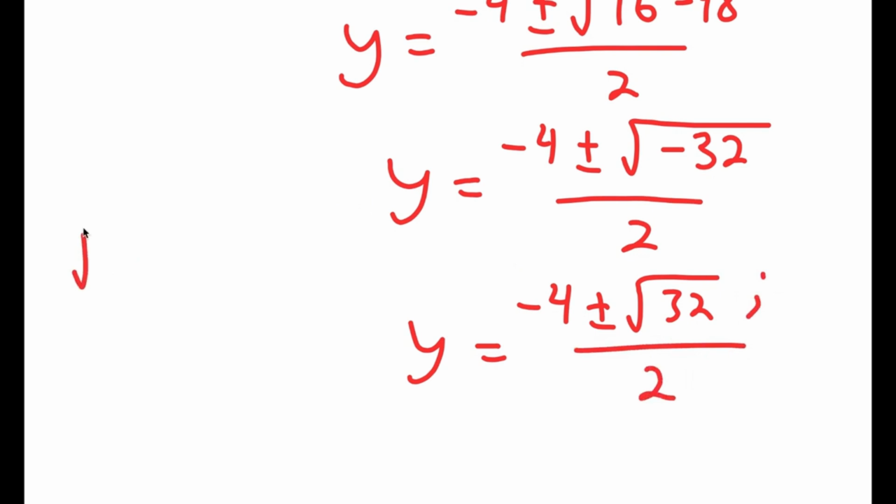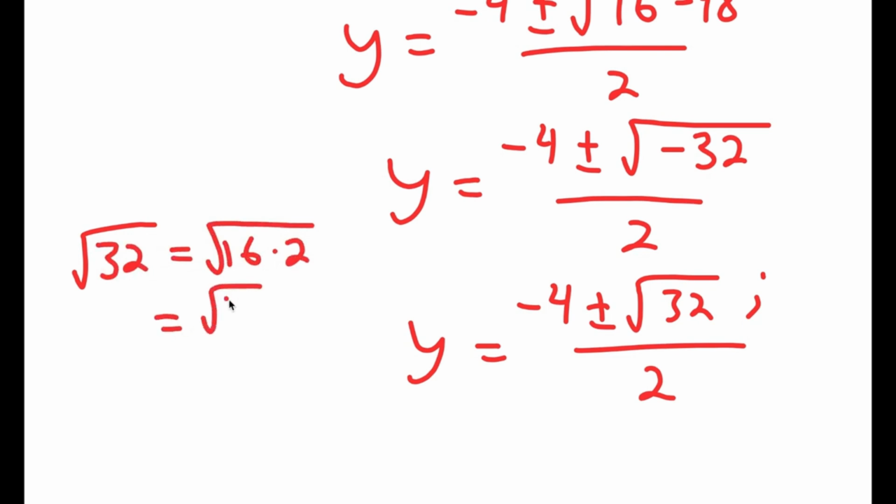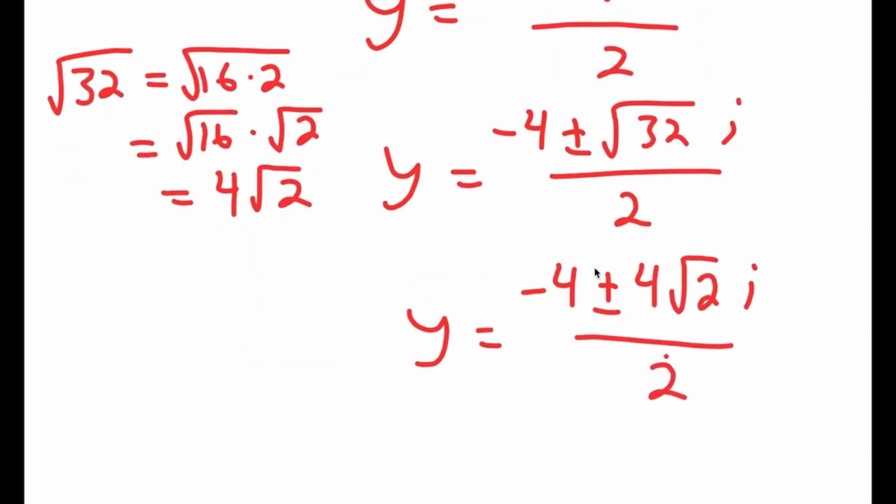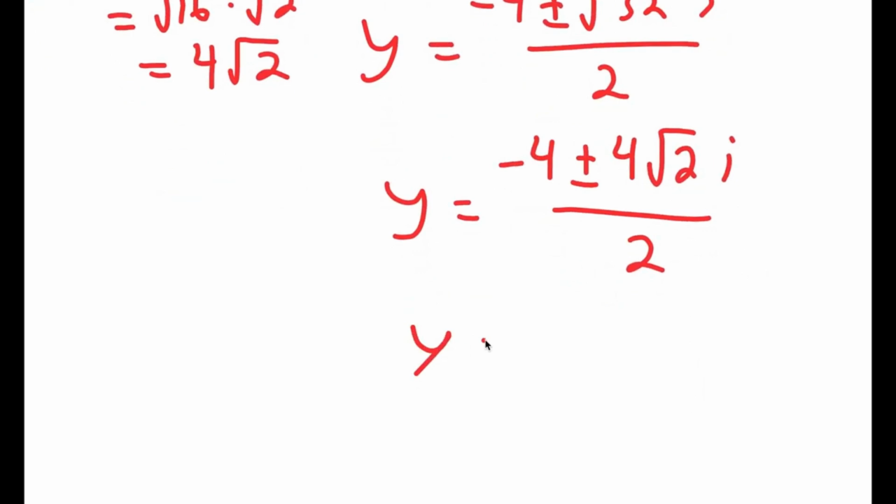And the square root of 32 can be simplified to the square root of 16 times 2, which is equal to the square root of 16 times the square root of 2, which is equal to 4 root 2. So this is going to equal negative 4 plus or minus 4 root 2 i over 2. And if I divide both of these terms by 2, I get negative 2 plus or minus 2 root 2 i.